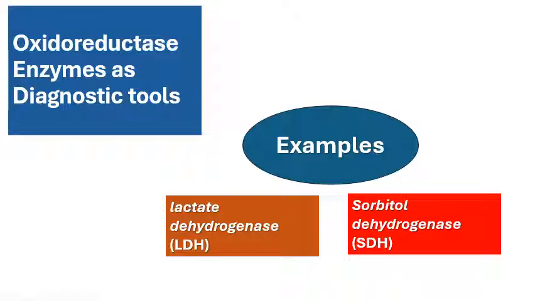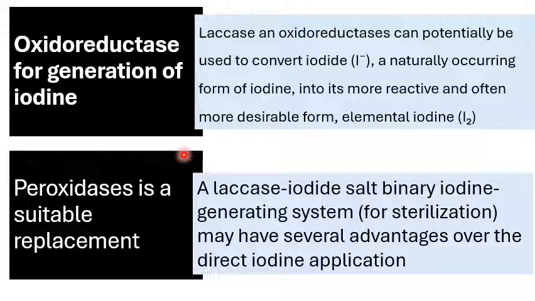Let's look at other examples of oxidoreductase uses in the industry. We have also the generation of iodine. Lactase is one important oxidoreductase that is used in this process. The normal iodine, which is used for a lot of biomedical purposes, has its own drawbacks.